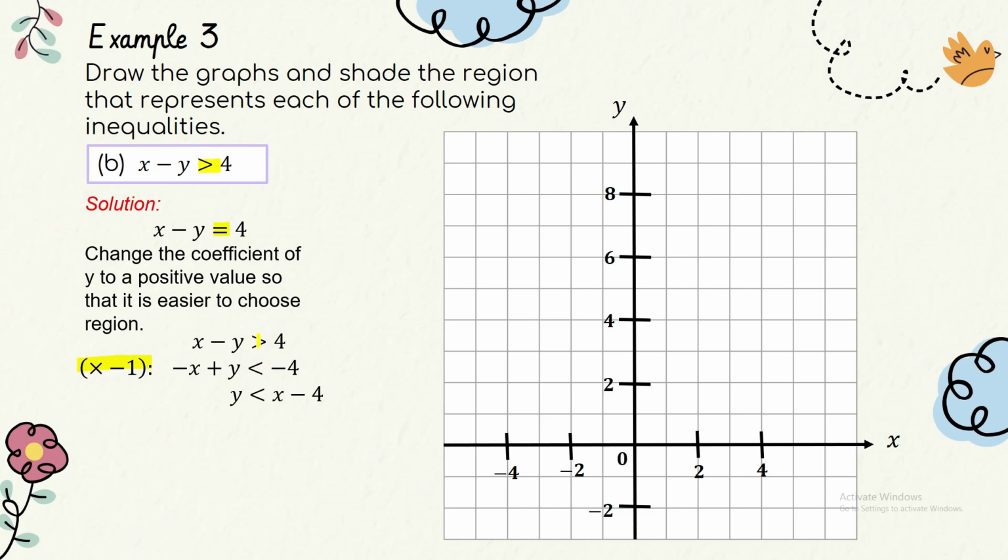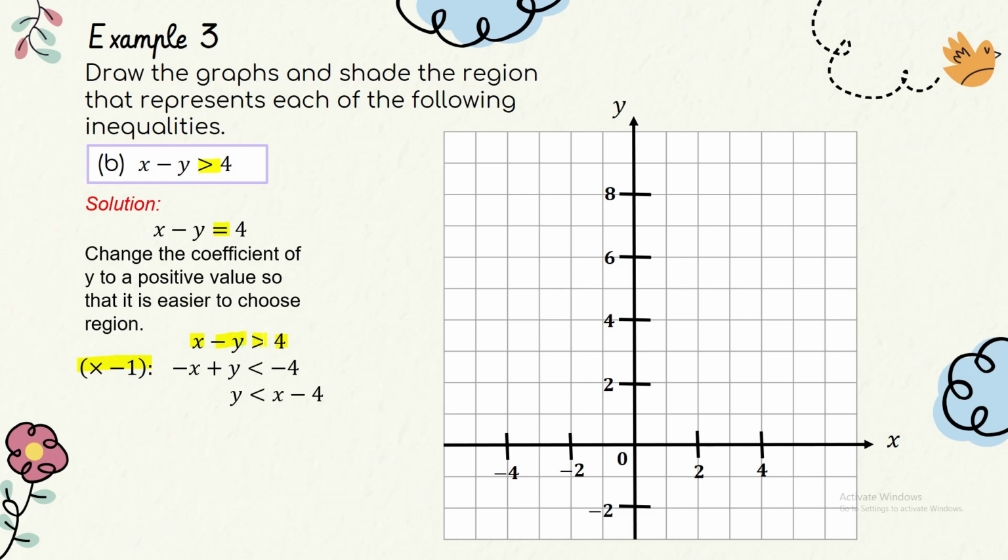Okay, from higher than, it will be inverted into lower than, and then 4 will become negative 4 after multiply by negative 1. Multiply by negative 1 is we need to multiply each of these, this one, and this one.